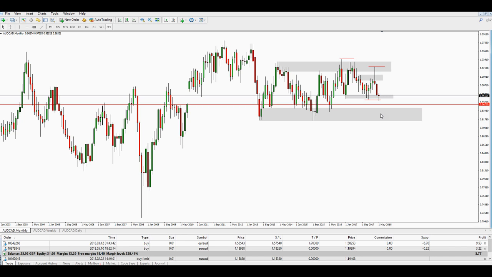You've got to look at the monthly time frames across all currency pairs, and if most of the dollar pairs are into supply, and most of the opposite, the euro, the Aussie, any other pair, is into demand, there's a high chance that price is going to reverse, and then you've got to work out which one fits the pattern to trade. So that's what I'm doing.